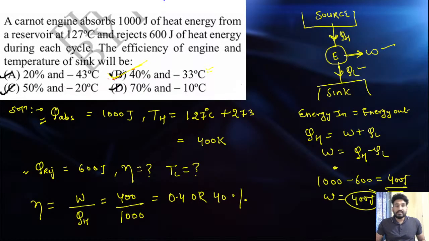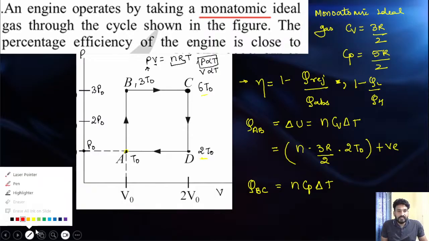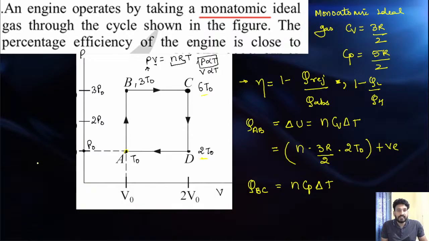Okay, let's discuss the previous things very quickly. One question we have solved is based upon the Carnot engine. It is an important question, I must say, because nothing is given in terms of rejected heat or absorbed heat, or the temperature of the sink or the source.